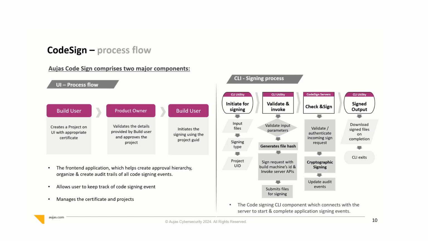Then the CLI will sign the request with the build machine IP or ID. Our solution extracts some of the build machine parameters, which we call build machine fingerprinting, to ensure that only a valid machine can submit the request for that particular project, invoke the server API, and submit the file hash for signing.